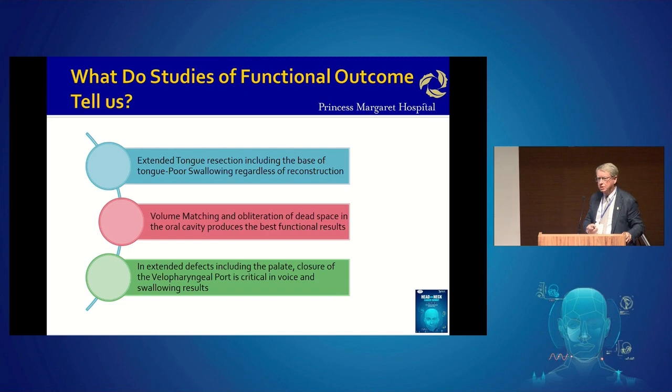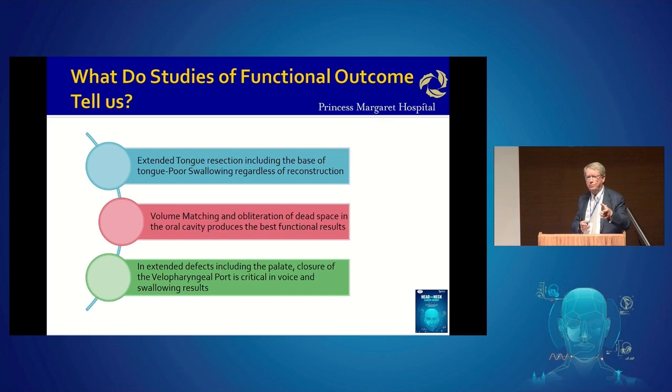Well, what do the studies of functional outcome tell us? For us, in our perspective, extended tongue resection, including the base of the tongue, results in poor functional results, regardless of who or what you use for the reconstruction. Volume matching and obliteration of dead space is clearly the best technique for getting optimal functional results for our patients.